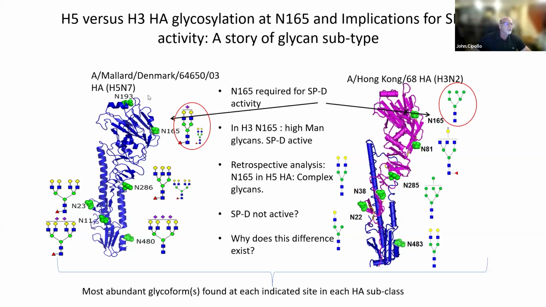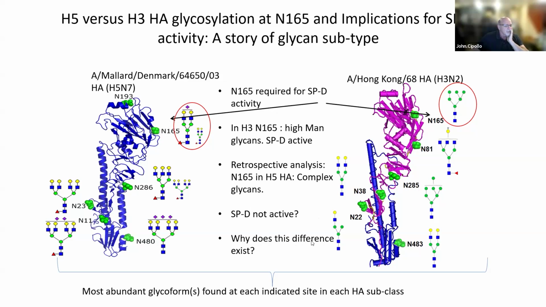Now, when we looked at the H5, it was 165 in this particular instance and 162 in some others, and it was always complex. So that would not be a ligand for SPD. So is this a target for SPD or not?